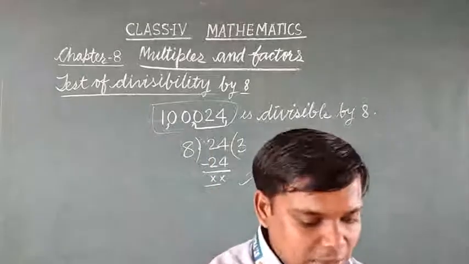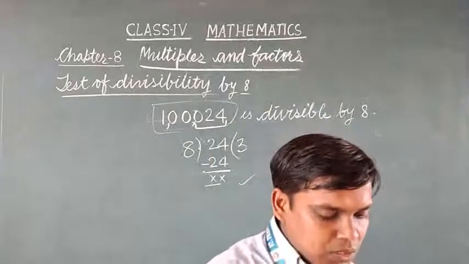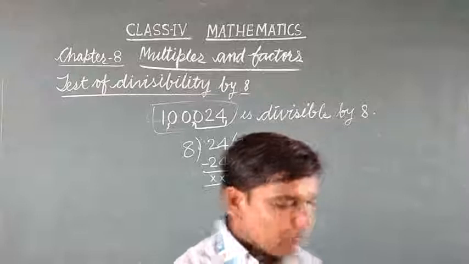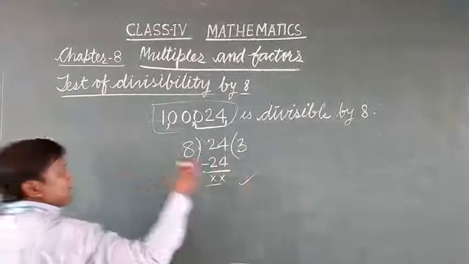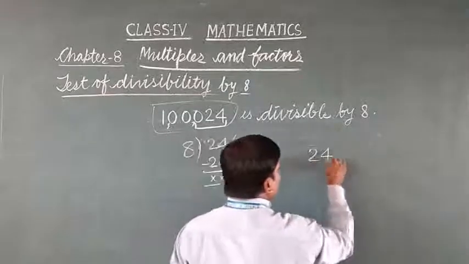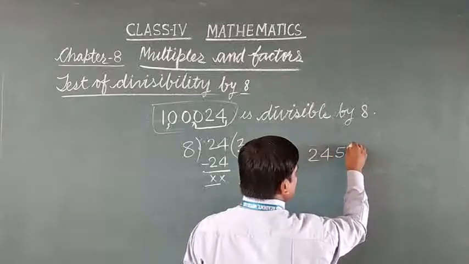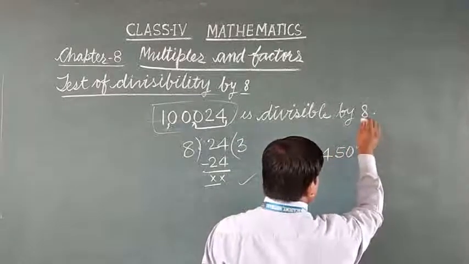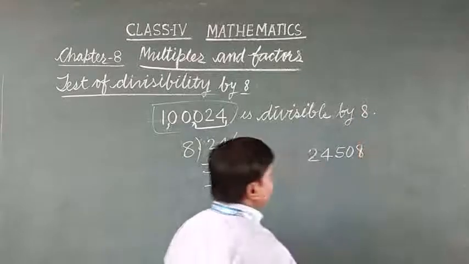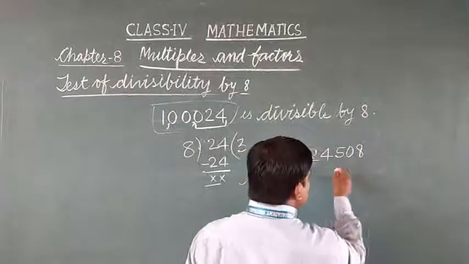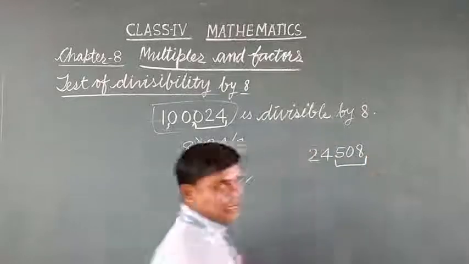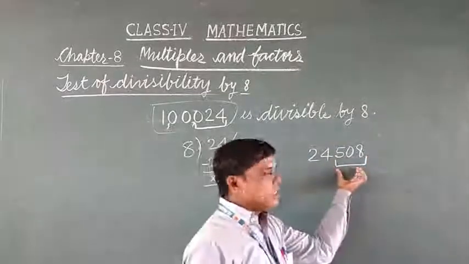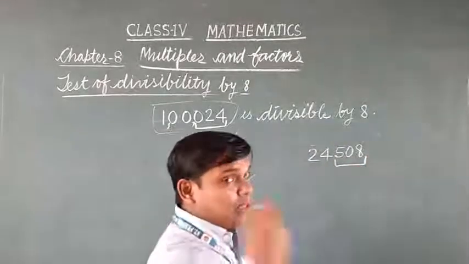Another example I am taking 24,508. If we are checking this number whether divisible by 8 or not, so we will take last 3 digits of the number and we will divide this by 8.